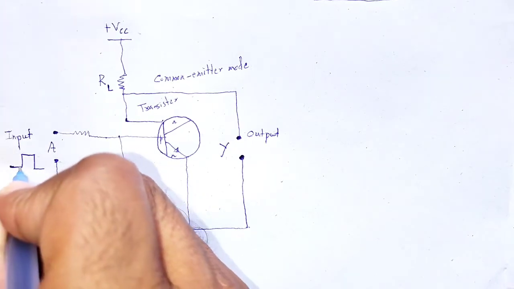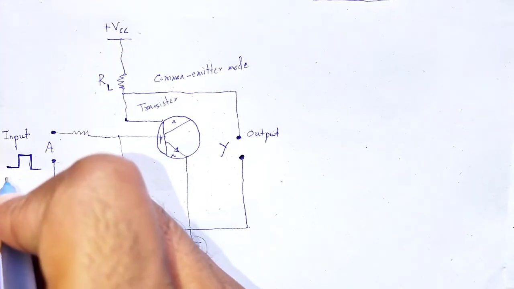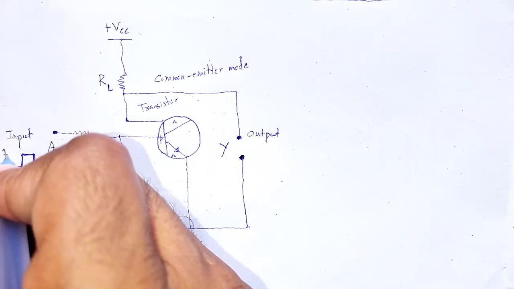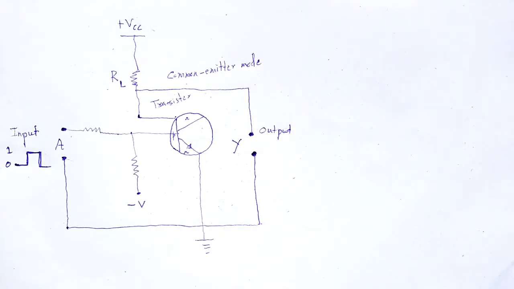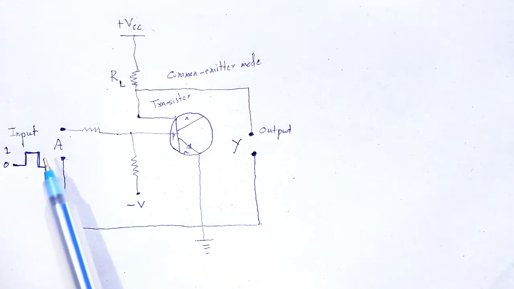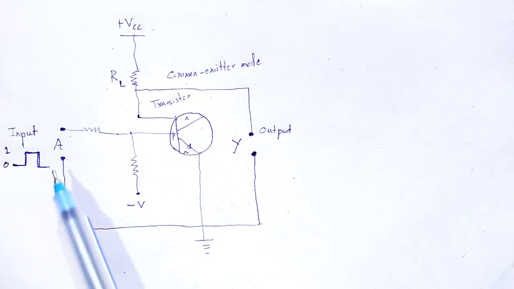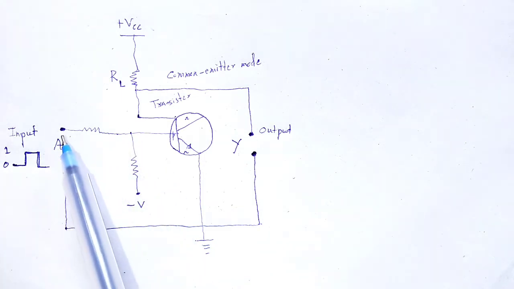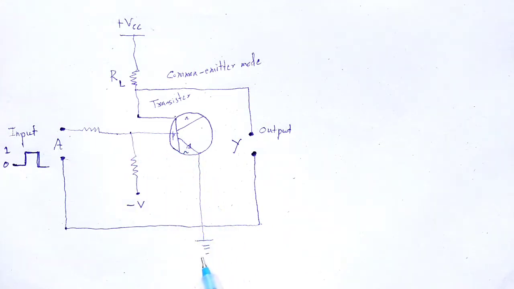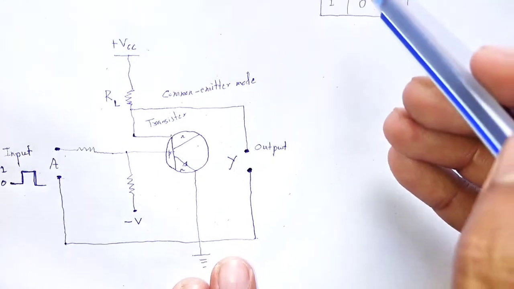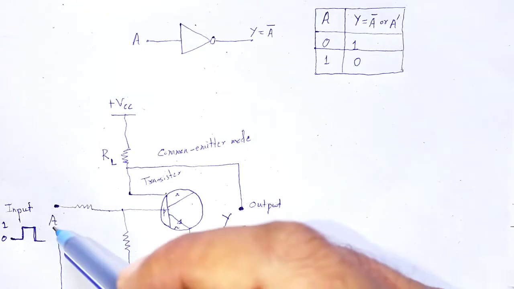That portion is 0, that portion is 1. When there is no signal, or that input port is connected to ground, we assign A is equal to 0, input as 0.